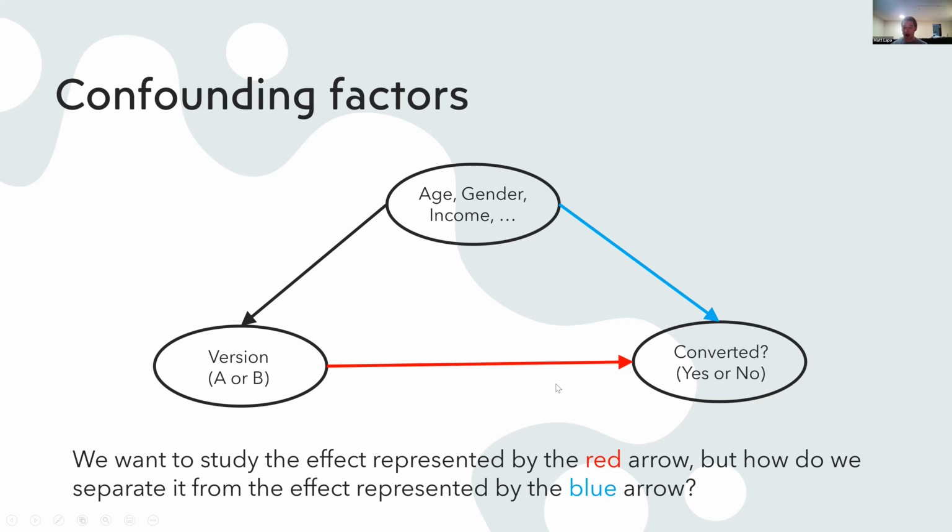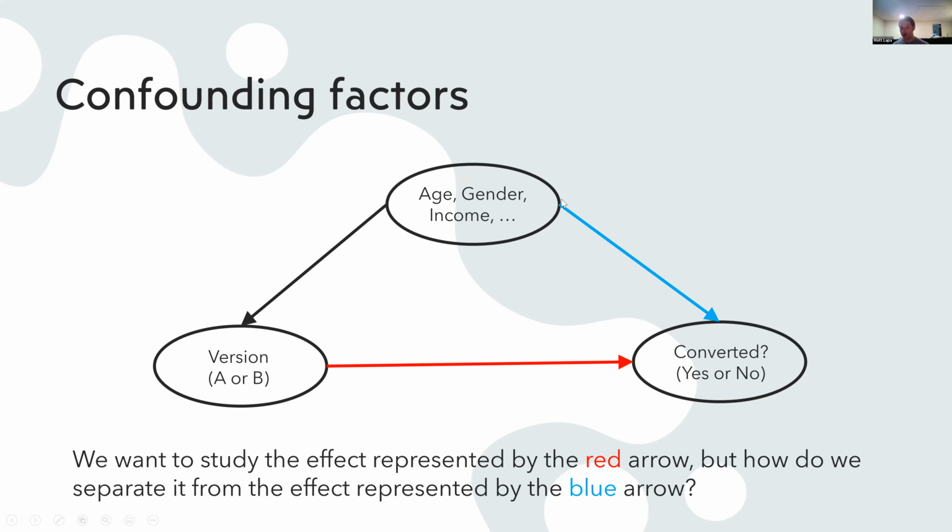But if you don't randomize, then sitting up here, you have any number of different confounding factors: age, gender, income, location, anything you can think of that might influence a person's behavior. If the makeup of the groups is not uniform, then these factors are influencing the makeup of the groups.